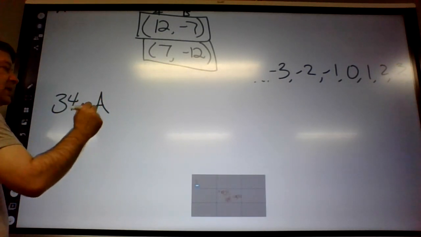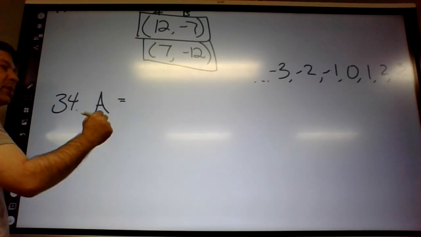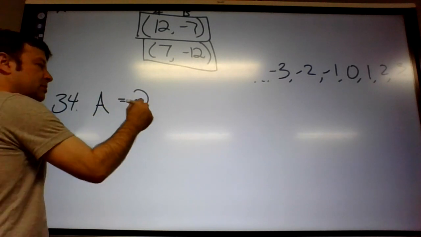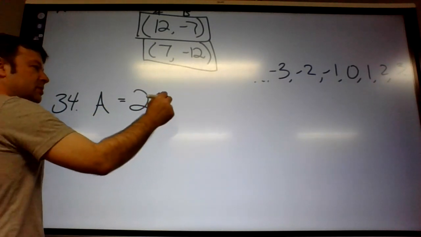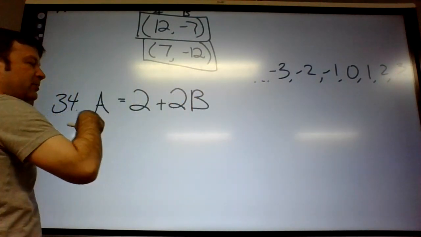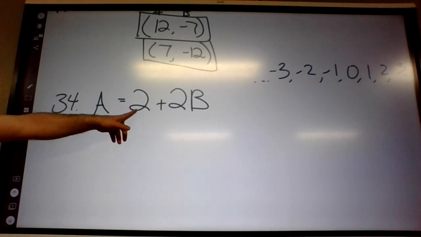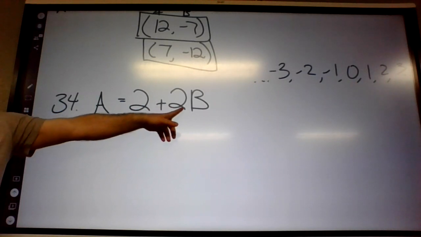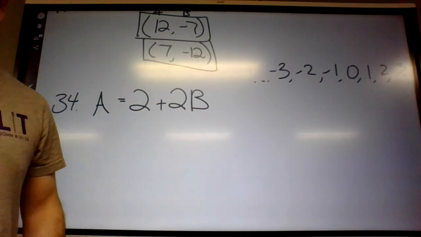A. Equals 2 more than twice the second number. Okay, yeah. If one number is A, the other number is B. So one number is 2 more than twice the second number. That's what it would look like as an equation.